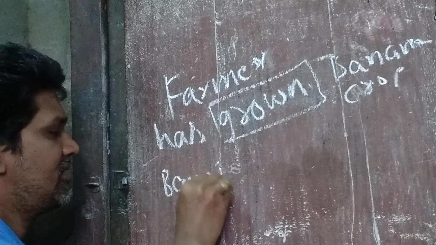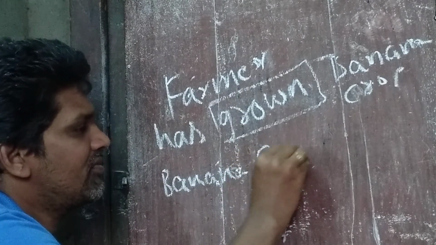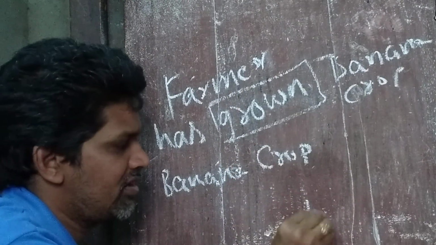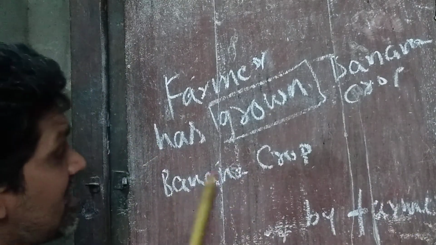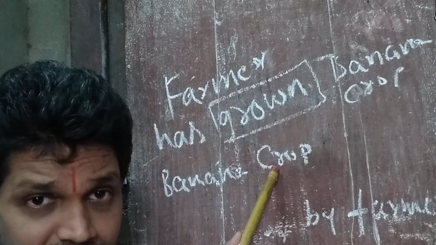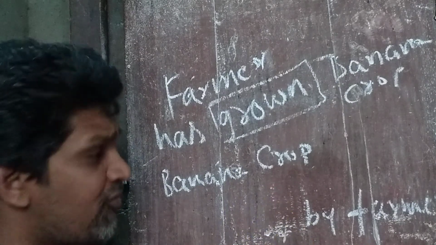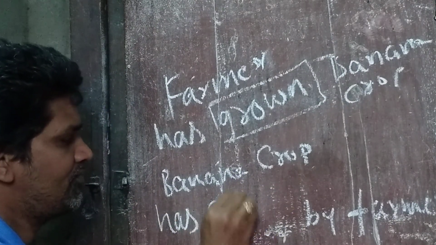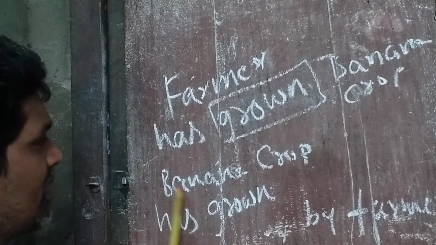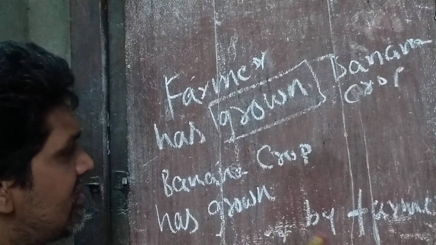Banana crop by farmer. Banana crop is in singular form, so here we write has grown. Banana crop has grown by farmer.